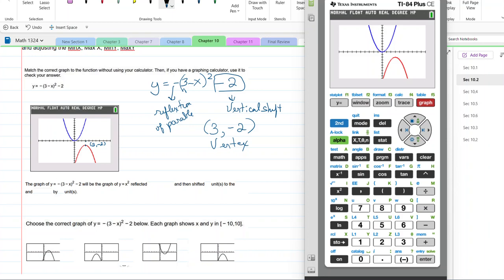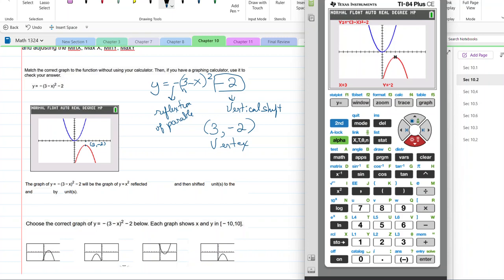And this is how you would do it. You would do second calc value and do a 3. Now notice this. A 3 in the parent function, the blue graph, is a 9. Now if I flip down to the red, it is a -2. So we know that that is the vertex and it's flipped.